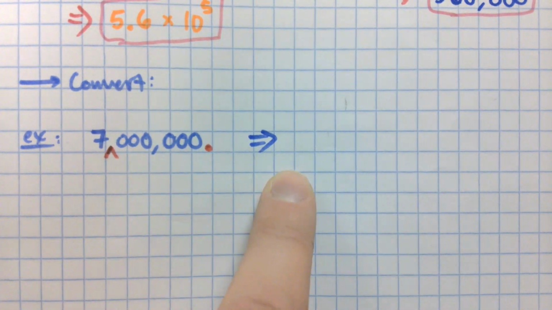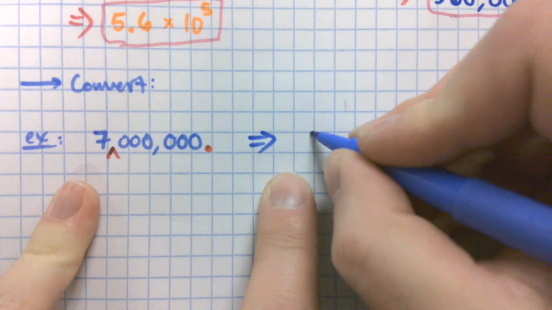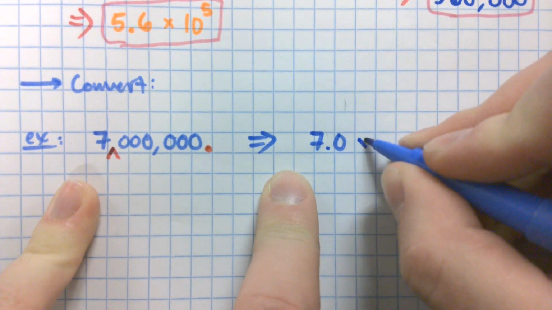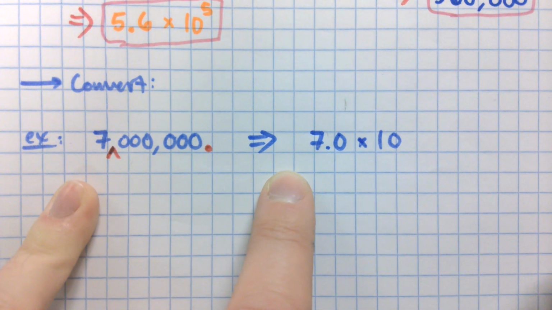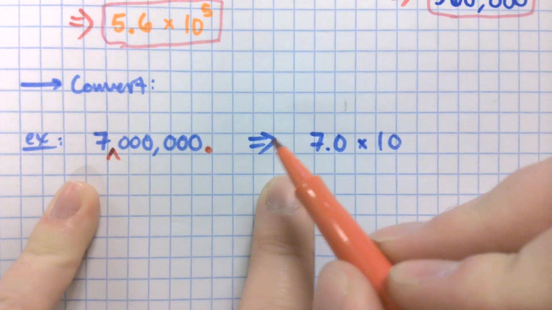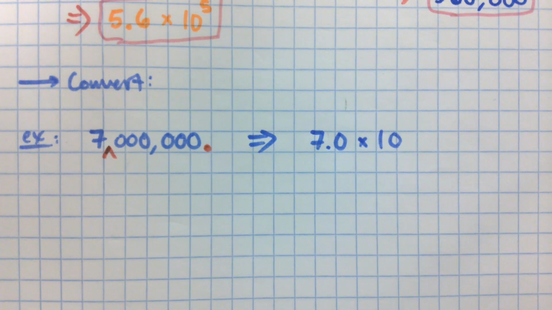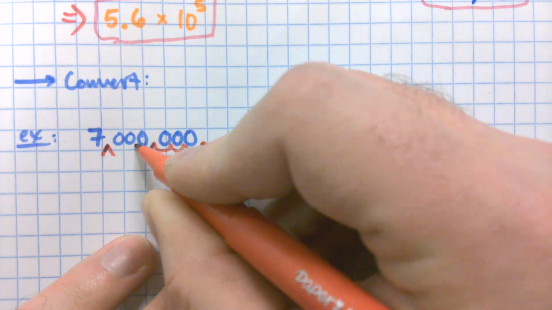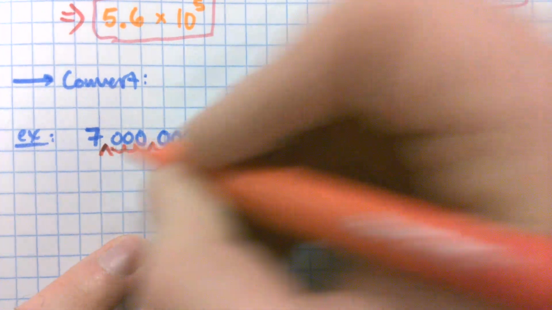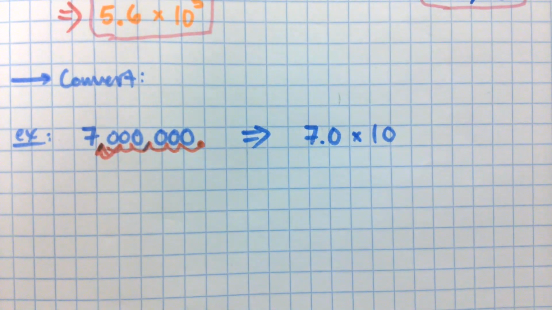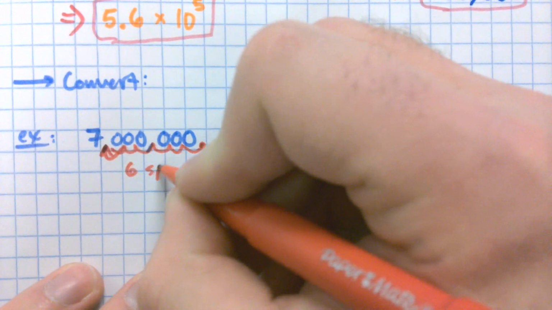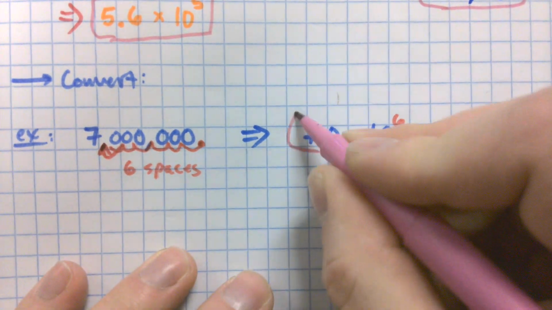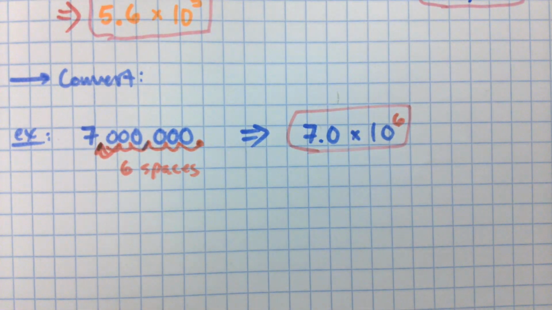So we know that my new leading number in front is going to be 7.0 times 10 to the power of however many spaces we have to move. So we'll count it. 1, 2, 3, 4, 5, 6. I messed it up a little bit, but there we go. 6. 7.0 times 10 to the 6th power.